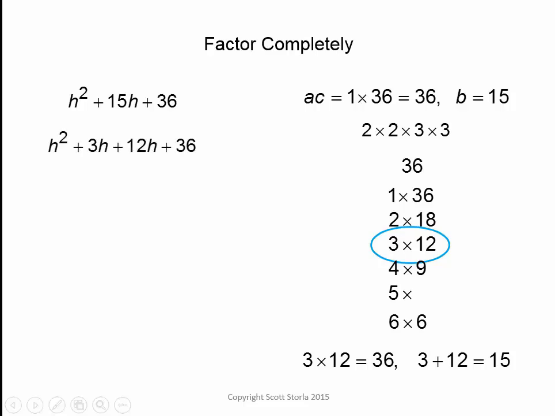I factor by grouping, and then I check whether I get my original trinomial back. This will give me h squared, 12h and 3h will give me 15h, and 3 times 12 will give me 36. The answer looks good.